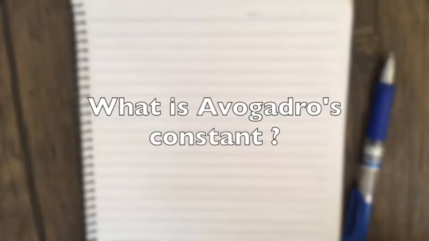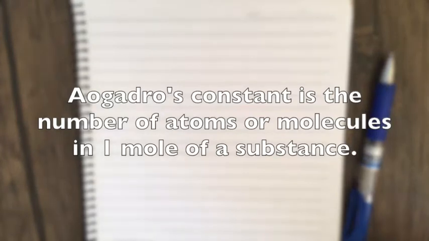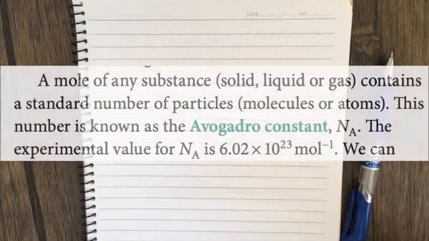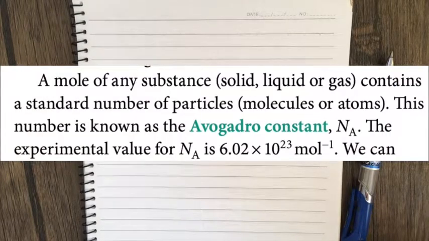Okay, so that brings us nicely on to our next question. What is Avogadro's constant or Avogadro's number? Well, Avogadro's number is just what we talked about. It's the number of atoms in 1 mole of a substance. So a mole of any substance, solid, liquid or gas, contains a number of particles, whether molecules or atoms, and that amount of particles in 1 mole of that substance is known as Avogadro's constant or Avogadro's number.